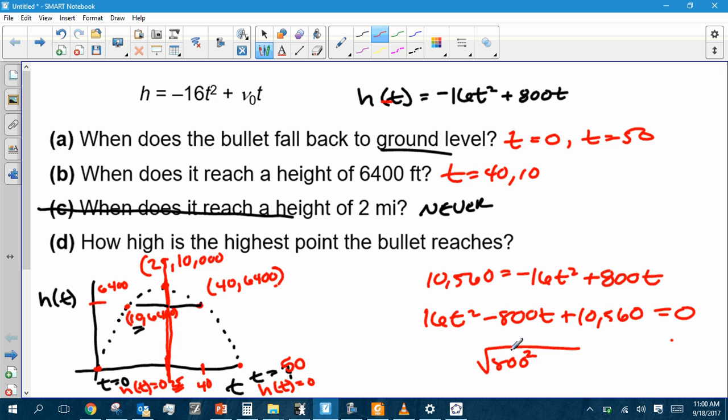But now it's minus 4 times 16 times c, and c is 10,560. So if I do that real quick, 800 squared minus 4 times 16 times 10,560, it gives my discriminant to be negative 35,840.